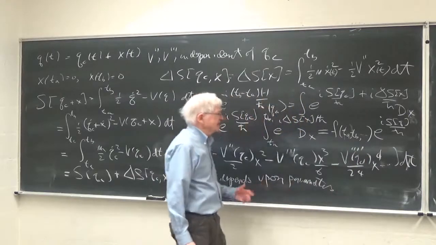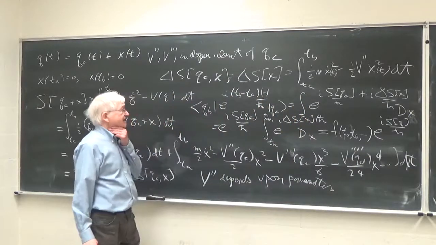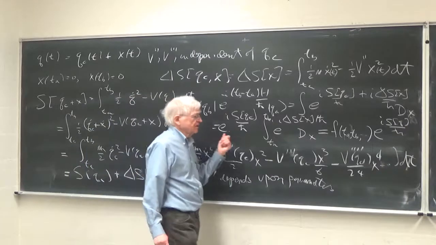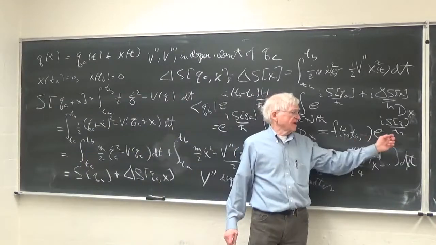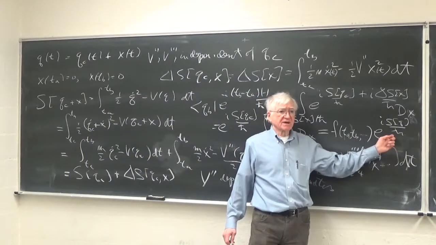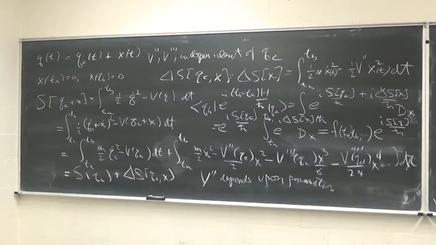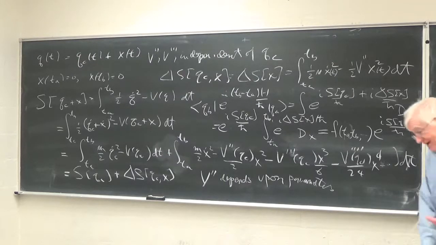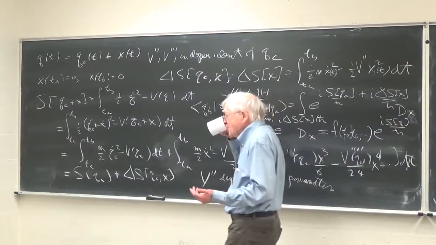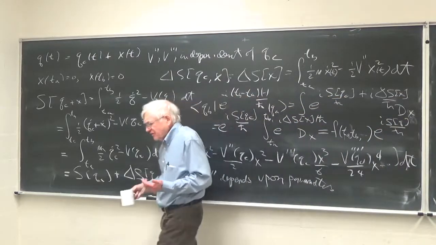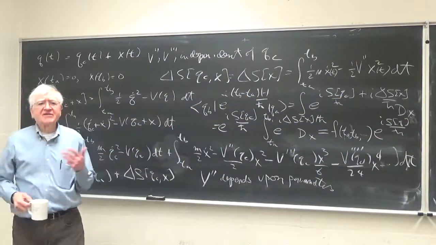But when it is meaningful, the whole path integral is a function of time times a phase. But again, this is for theories that are quadratic, like harmonic oscillator, free particle, and then anything else that's quadratic. Quadratic, of course, means it could have a linear term.